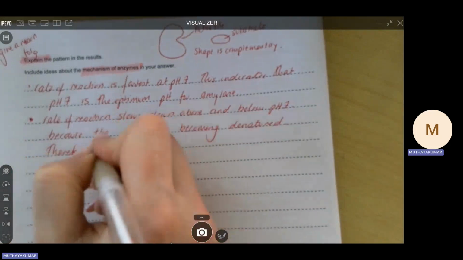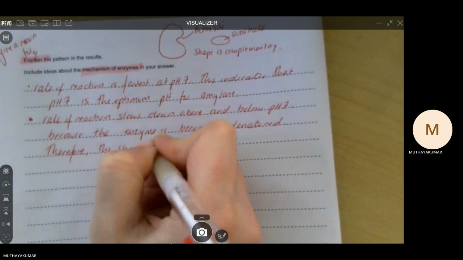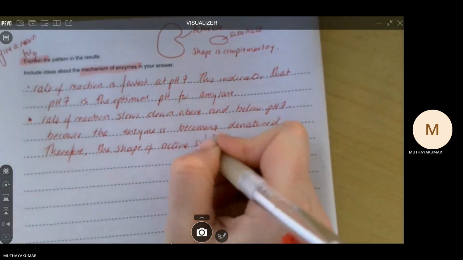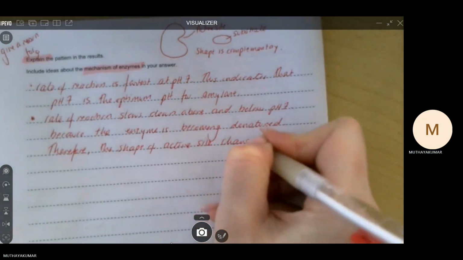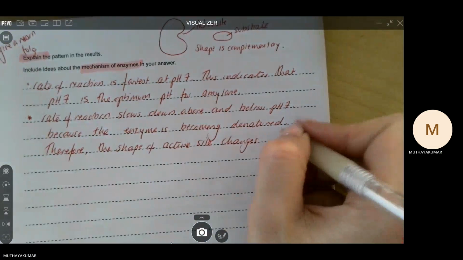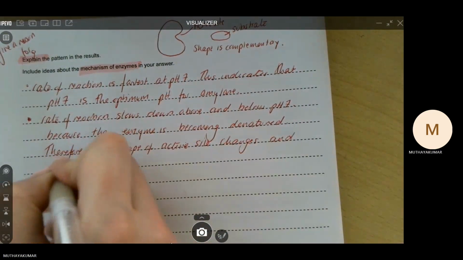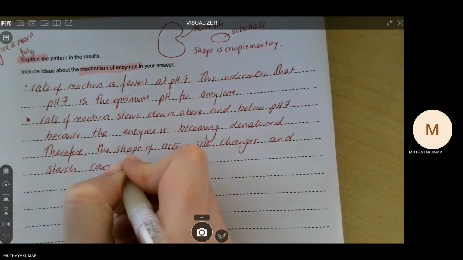So therefore, the shape of the active site changes, and starch, our substrate, can no longer bind.